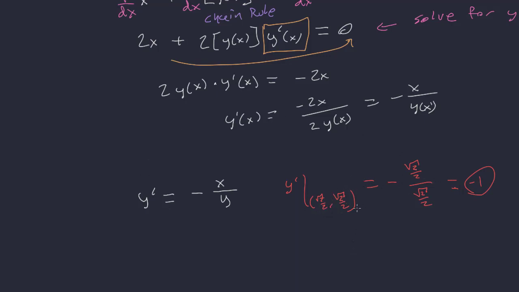The difference is we have to plug in both the x and the y when we do it this way, but this to me is much, much faster than how we were doing it before.